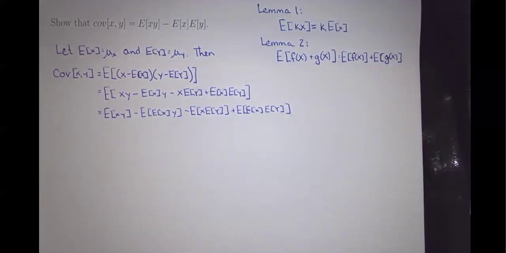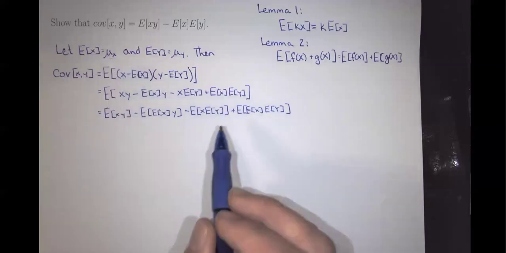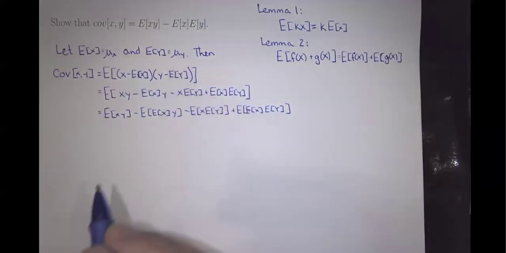Couple of things though. We can rewrite the expected value of x as mu x and the expected value of y as mu y, and those are constants.